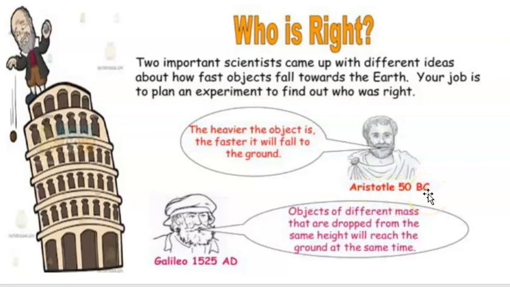Aristotle in 50 BC stated the heavier the object is, the faster it will fall to the ground. Galileo in 1525 AD stated objects of different mass that are dropped from the same height will reach the ground at the same time. So students, who is right?